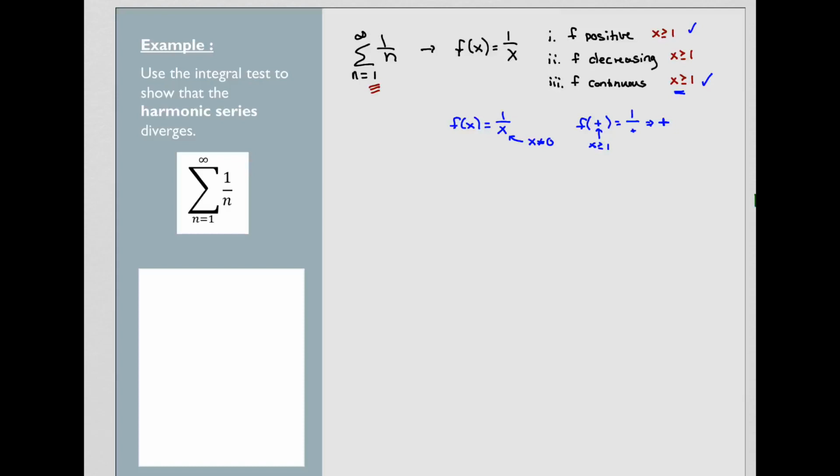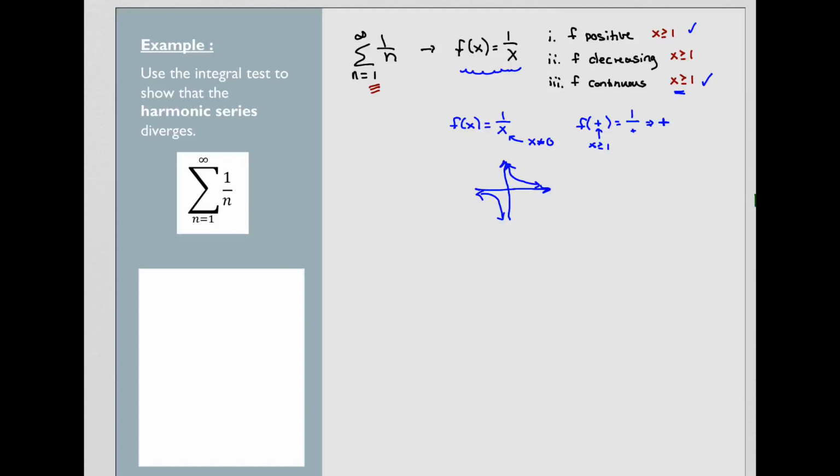And how about decreasing? How can we show if a function is decreasing? Remember, we're focusing right here on f of x equal 1 over x. Well, I can think of two ways. The first way is to visualize it. f of x equals 1 over x is a very simple basic rational function, again with asymptotes at the x-axis and y-axis.